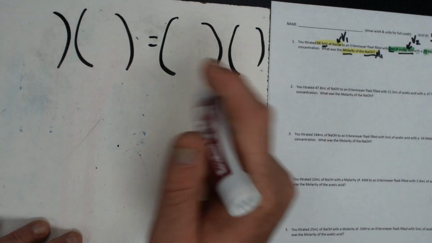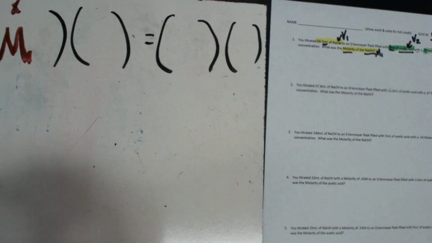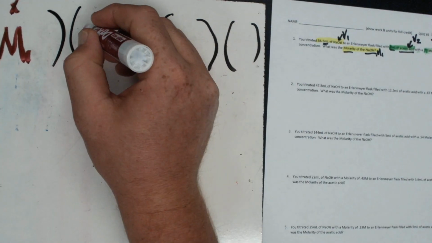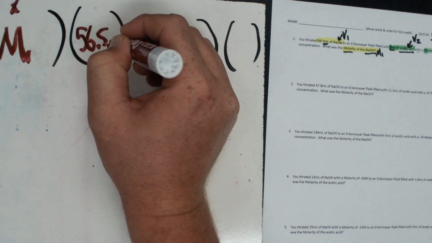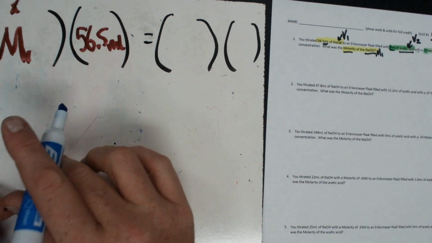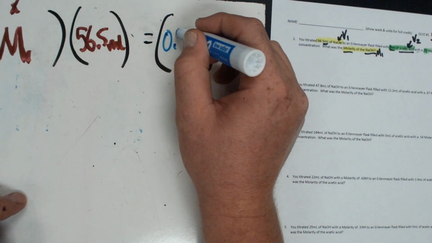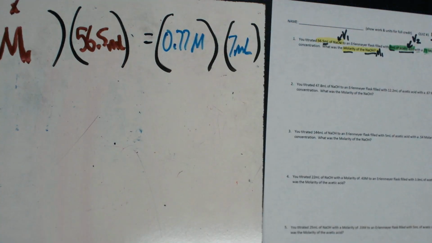We don't know the M1, so we're just going to leave that M1. This is going to be our X. We're solving for X. Then we got our volume 1, 56.5 mils. Our acetic acid was 7 mils, and we had a 0.77 molar solution.